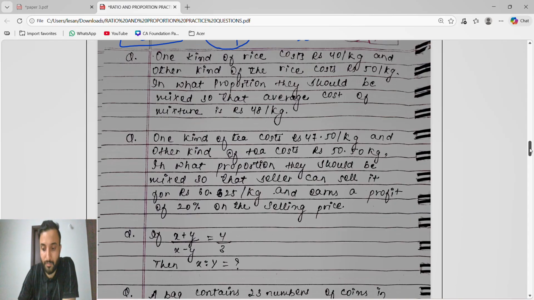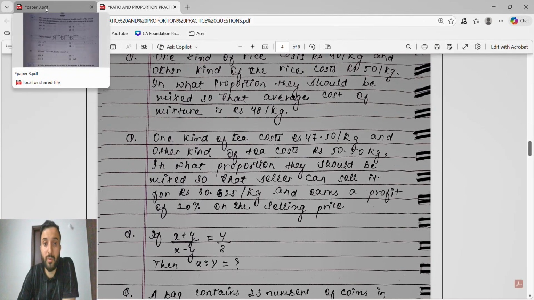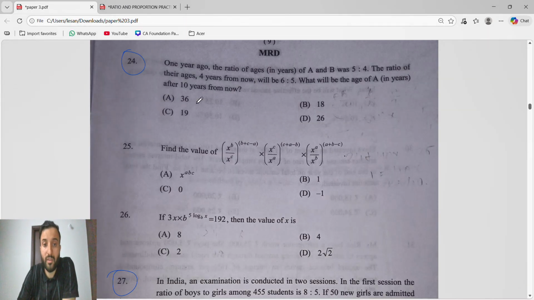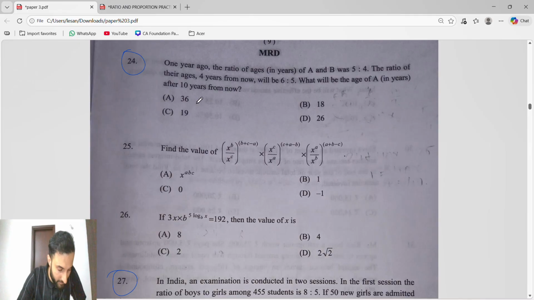Then we will solve the ratio and proportion questions that they asked in Jan 2026, because many students are saying that sir, they asked in a very difficult manner. No, it is not difficult, it is really easy, guys. Just the thing is you have to understand the concept. Let's see how we'll solve them after solving these 57 questions.